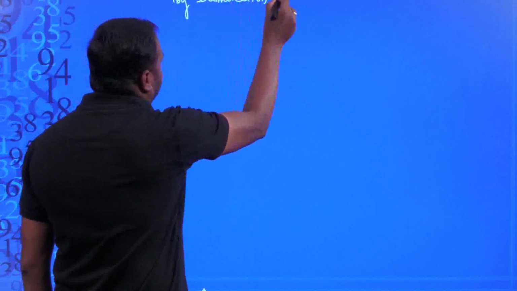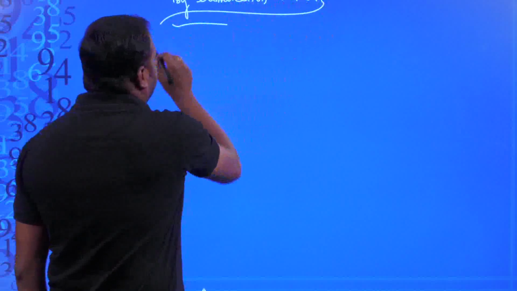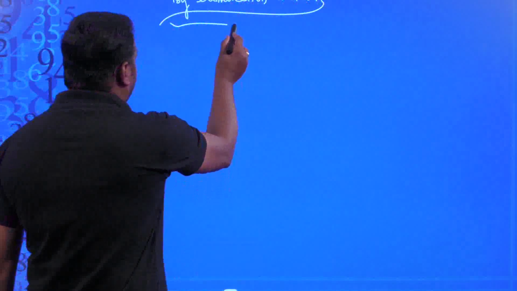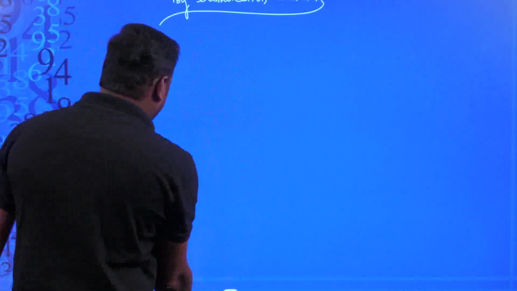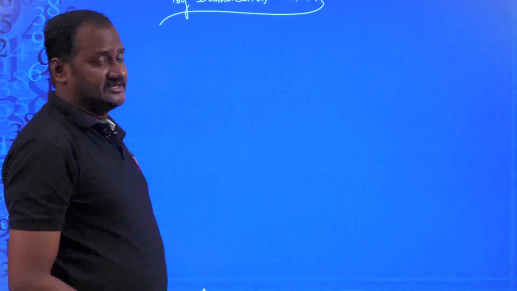By this method we can easily solve. Comparatively, this method is easier to solve a pair of linear equations in two variables, so frequently we use this method.